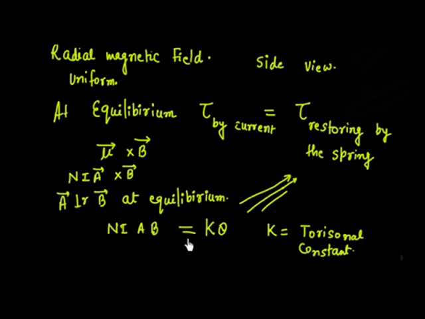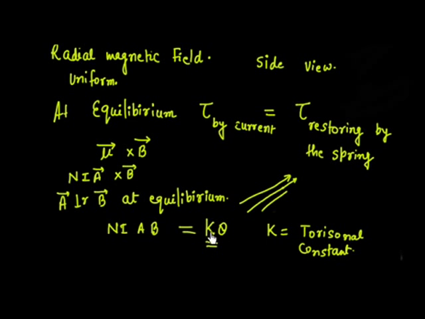A linear spring tries to resist expansion or compression, but a torsional spring tries to resist rotation, and that's why there is a constant K. So if you know K, you can calculate theta.